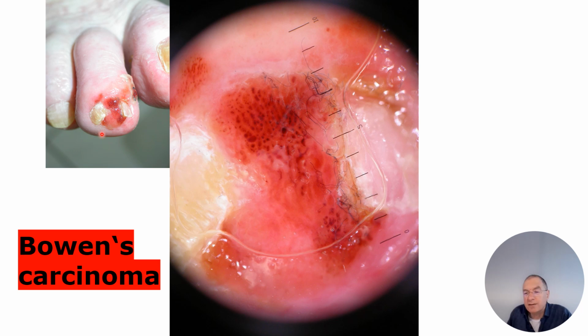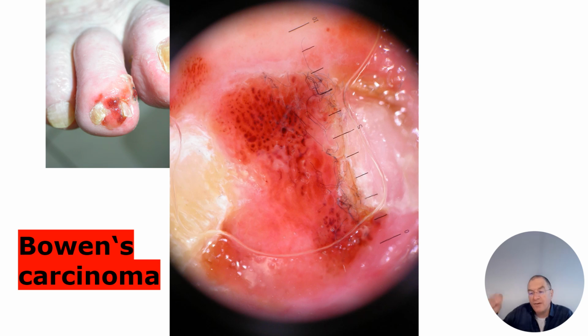Well, somebody was waiting, patients, doctors, I don't know who, and then is coming with this destroyed nail plate, with this tumor, and with this typical pattern. And remember, parallel lines, pigmentations, or vessels, this is typical for Bowen's disease, and then we need to do surgery, and it was confirmed as a Bowen's carcinoma.